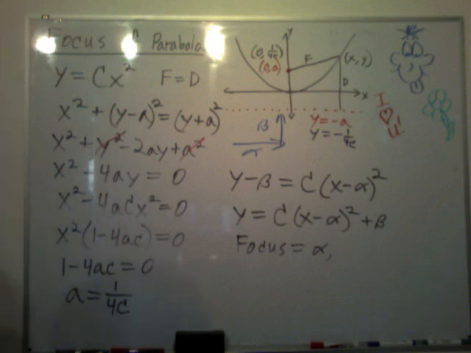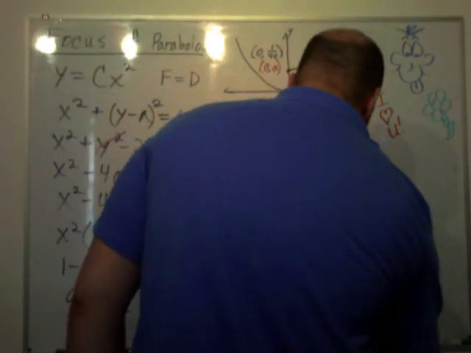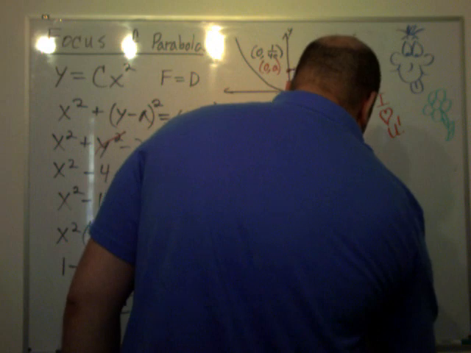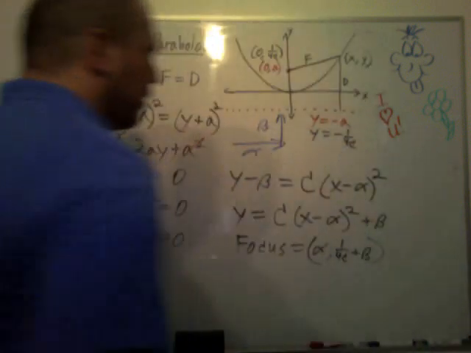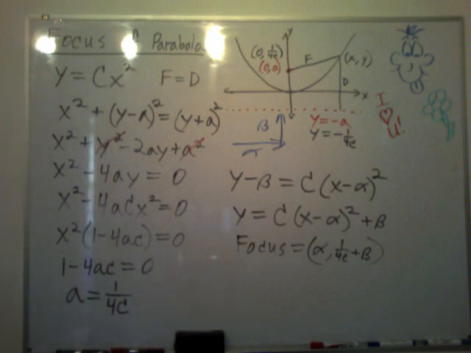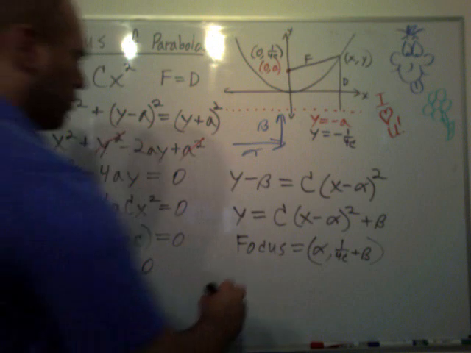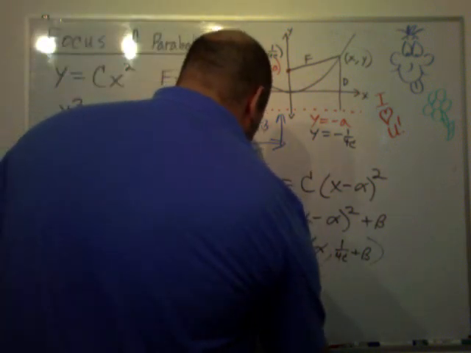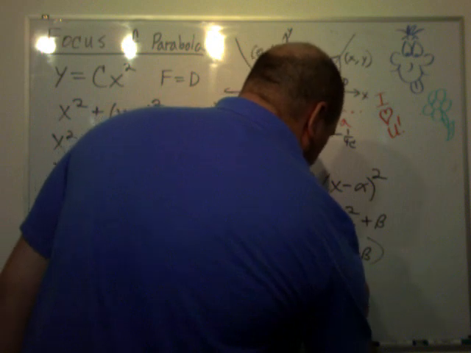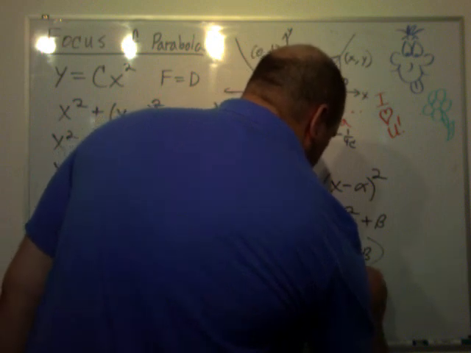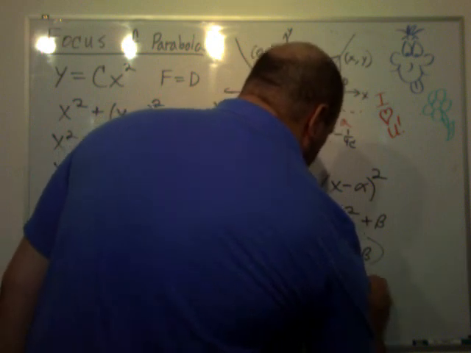So 1 over 4c plus beta is the y coordinate of the focus. And to shift the directrix up by beta units, all we do is say the directrix is given by the line y equals beta minus 1 over 4c.